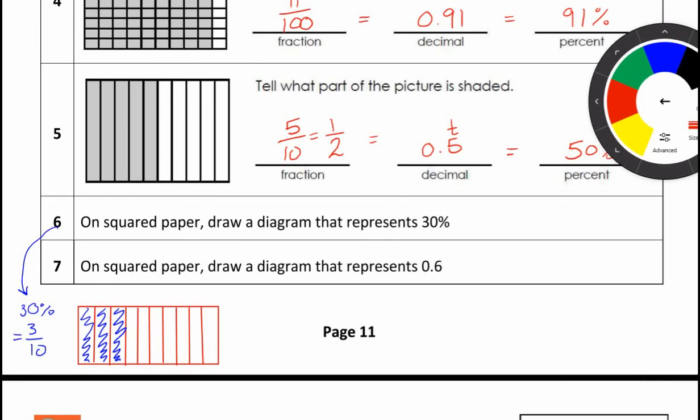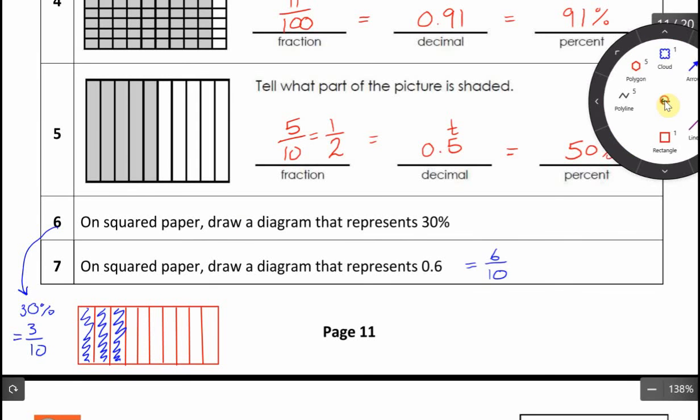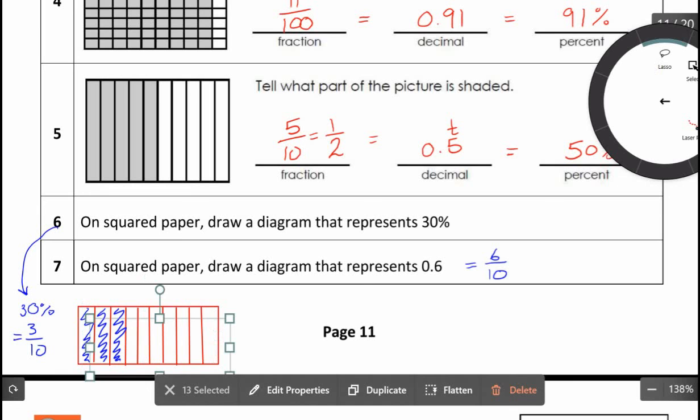Number 7, 0.6, that is equal to 6/10. So doing exactly the same thing would be fine, but just shading in a different amount. So I'm going to cheat a little bit here. I'm going to use that again.